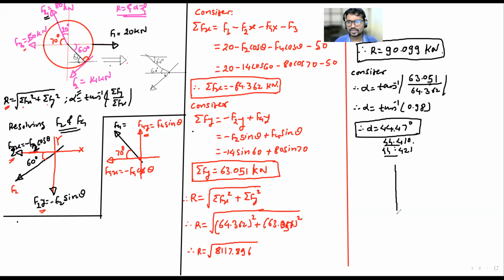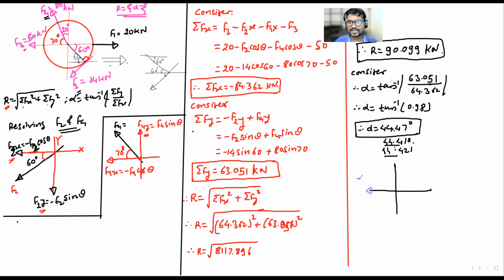By the way, in which quadrant will resultant R be for this case? First quadrant? How come? In which quadrant will resultant R be? Second quadrant, sir. Why? Because X is negative and Y is positive.